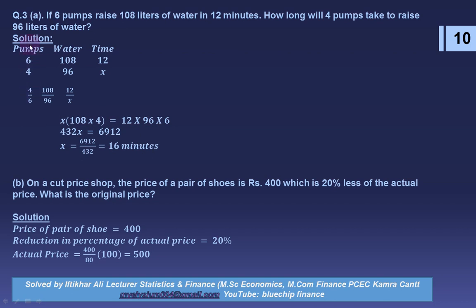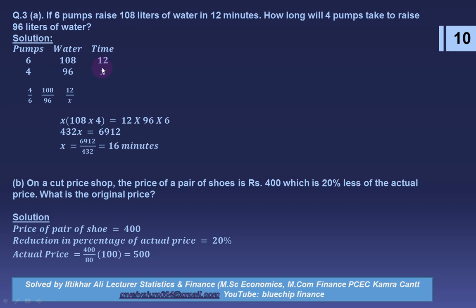Now we take the pumps constant and take the water variable and see the relationship of this water with the missing variable, time. So what is the relation here? If we need more water, we need more time to pump out that water, so the relationship is positive.